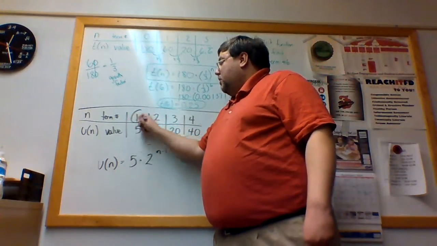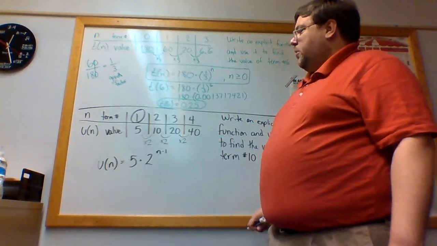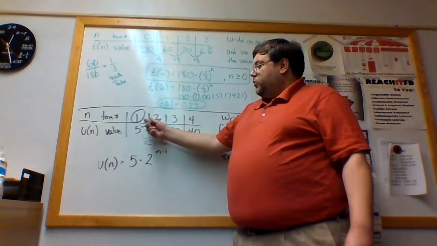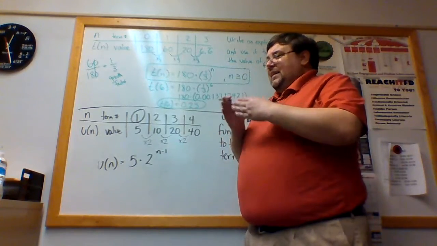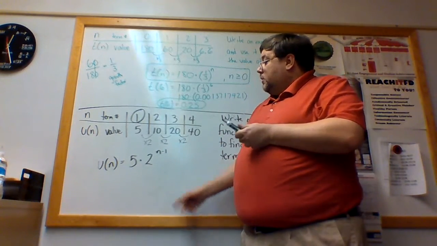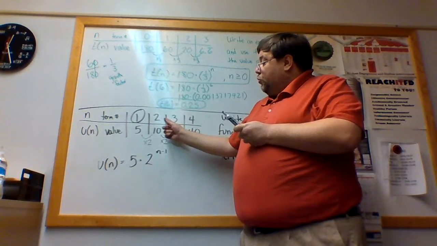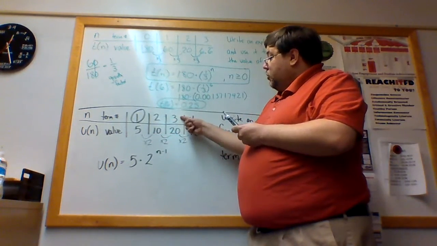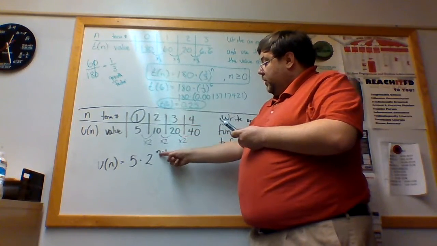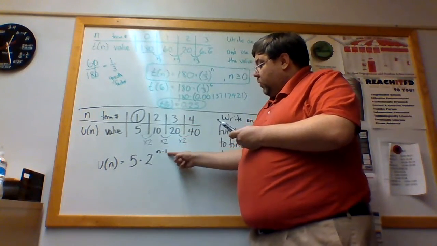Anytime you're starting on a term other than term number 0, like here we start with term 1, you're going to have to use that to help you line things up correctly so that term 2 would multiply by 2 only once. Term 3, when I put a 3 in there, would multiply by 2 twice.